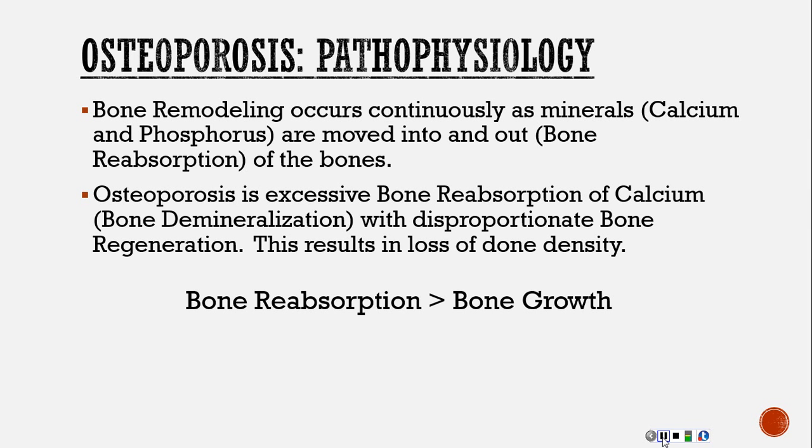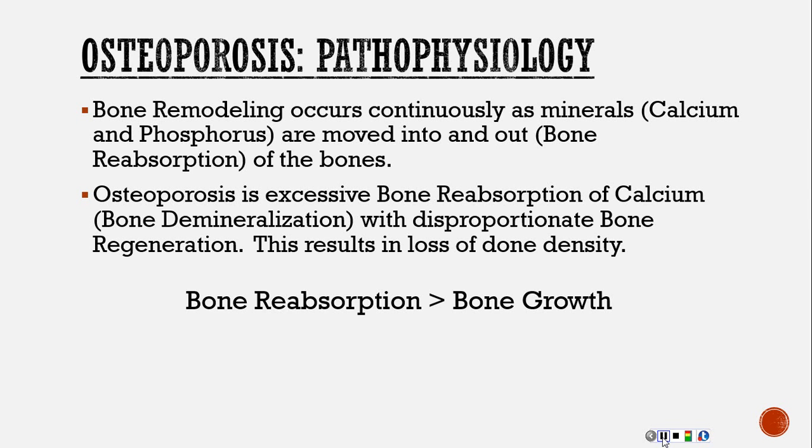Osteoporosis is when this bone remodeling or bone reabsorption occurs at an abnormal rate. Okay, basically bone reabsorption is occurring at a greater frequency than bone growth or bone restoration. And there's an imbalance there. So osteoporosis is excessive bone reabsorption of calcium with disproportionate bone regeneration.